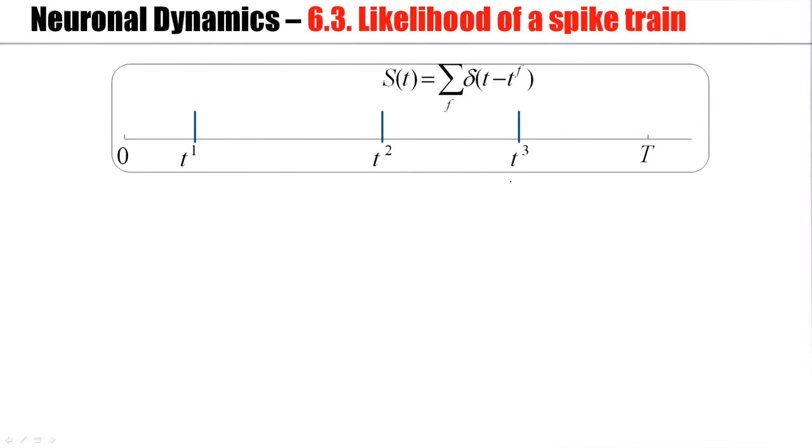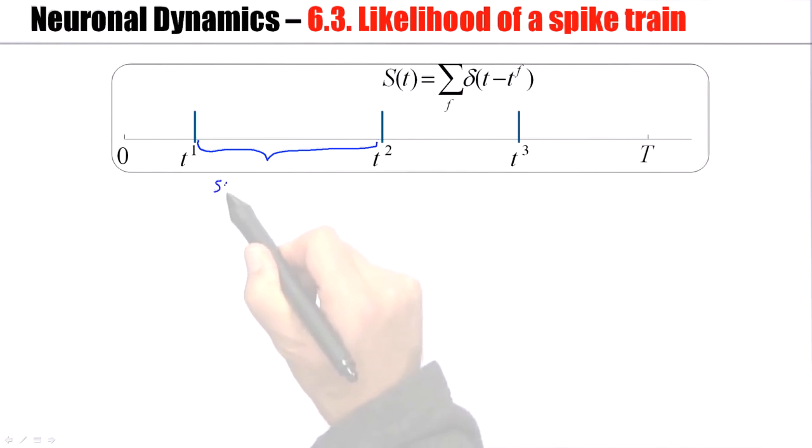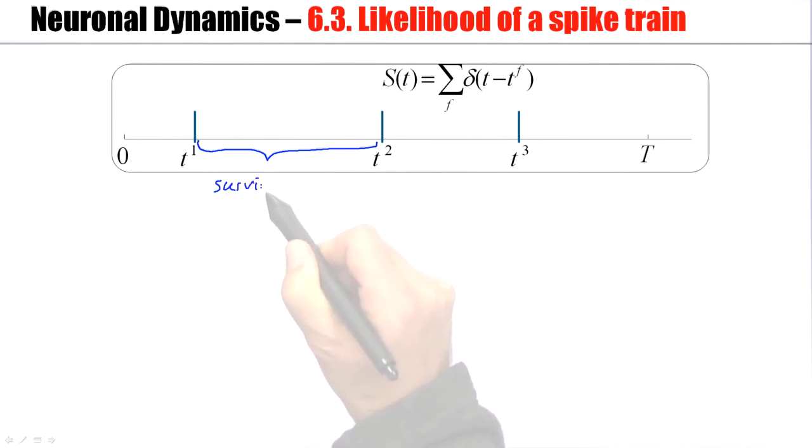So here again, my sequence of spikes. We have seen in part 2 that we can discuss the question, what's the likelihood that a neuron would survive a certain interval from t1 to t2 without firing? So what's the probability to survive?